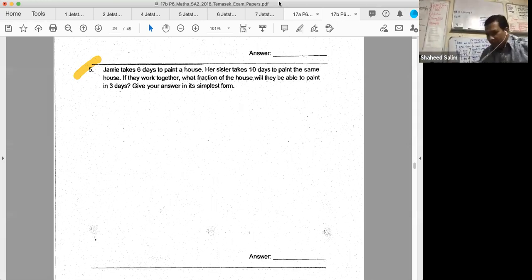Okay, this is called inverse proportion. You have to understand this. I will give you this question first.